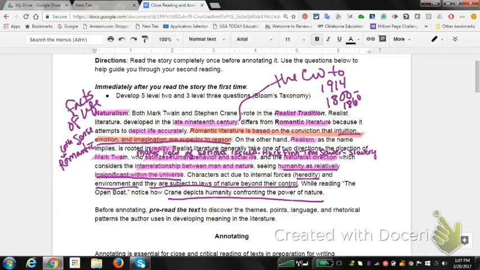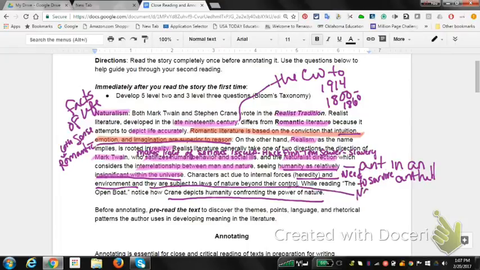So, back again, I'm going to reverse just a little bit or go back. Humanity is relatively insignificant within the universe. For me, I want to make a note that humans are kind of like ants in an anthill. I just keep going back to that idea. Okay. How would we inborn need to survive? Okay. Ideas beyond our control.